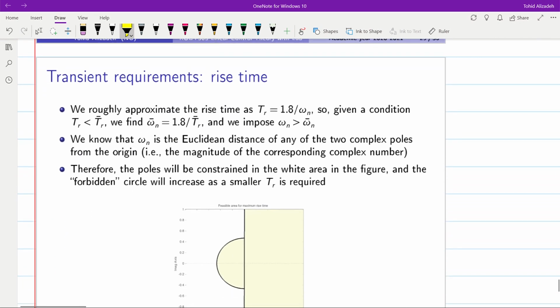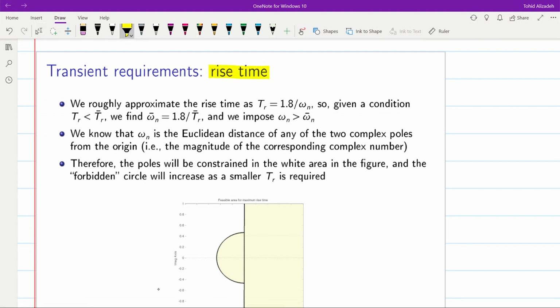Then the next requirement is the rise time. For the rise time, we roughly approximated it as 1.8 over omega n. And usually the condition for the rise time is in this form: TR, the rise time, should be smaller than TR bar. For example, TR should be smaller than 2 seconds, or TR should be smaller than 1 second.